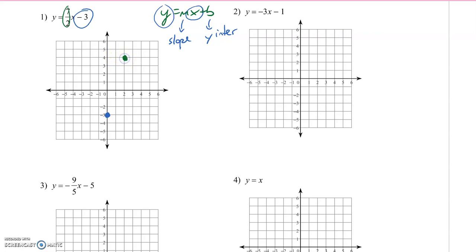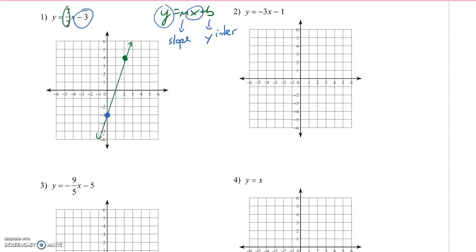So that would be a slope of 7 over 2. And then once you have that, you've got your two points, and you can draw your line, something like that. And there we go. So that's graphed using slope-intercept form, probably one of the easier forms of lines to work with.